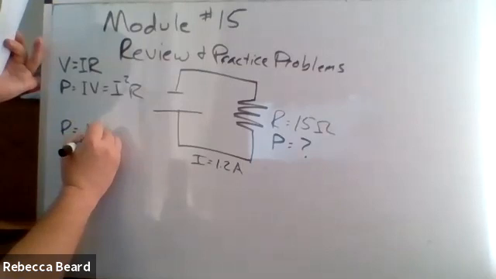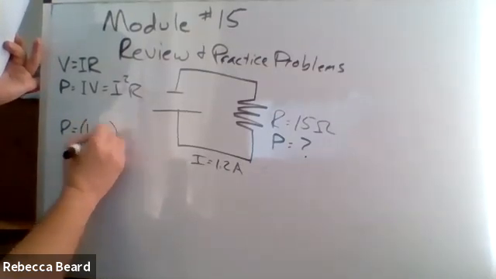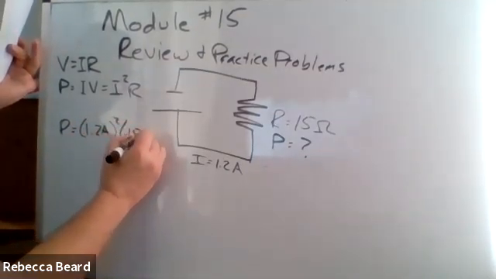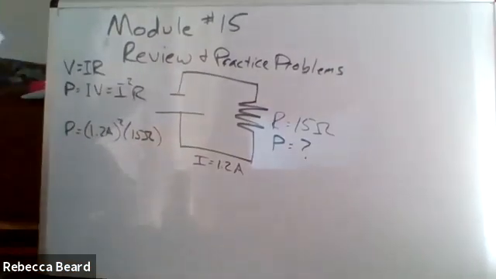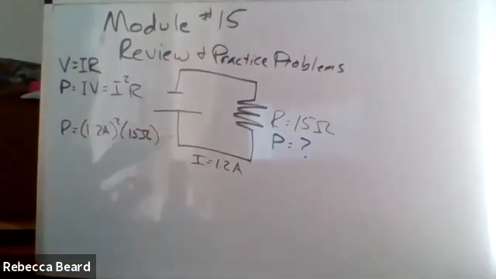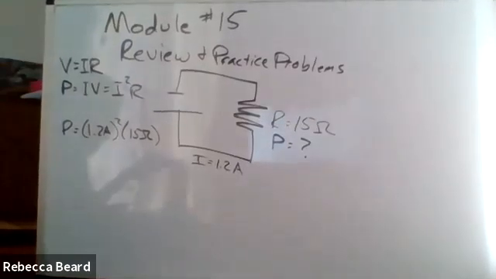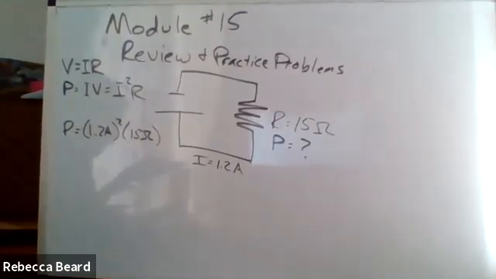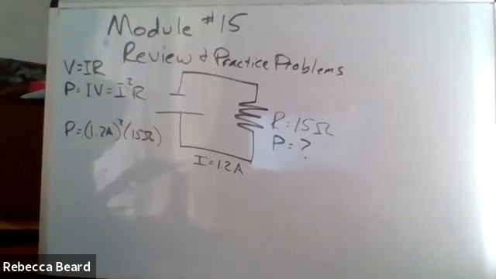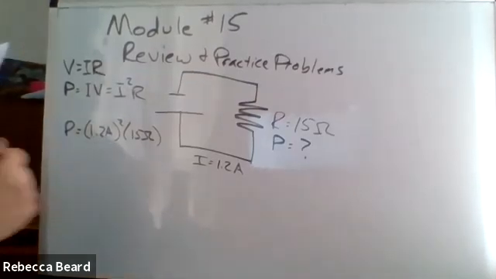P equals 1.2 amps squared times 15 ohms. Handy dandy calculator. That's going to be 1.44 times 15. 1.44 enter 15 times. I'm getting 21.6 watts.